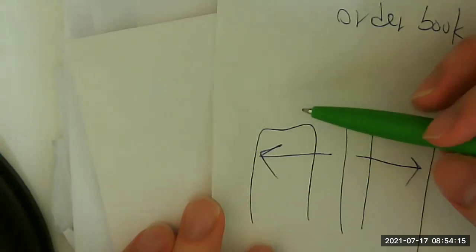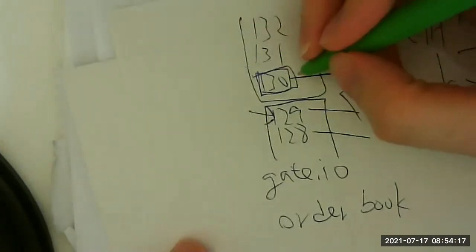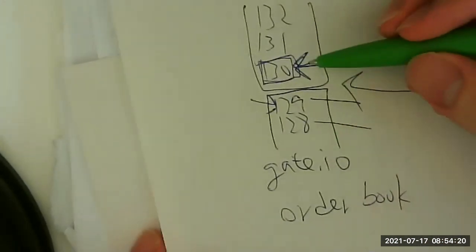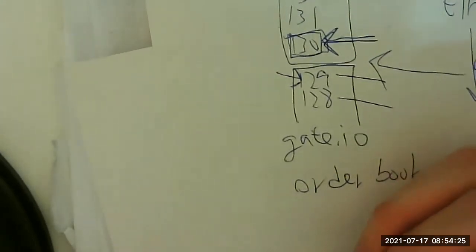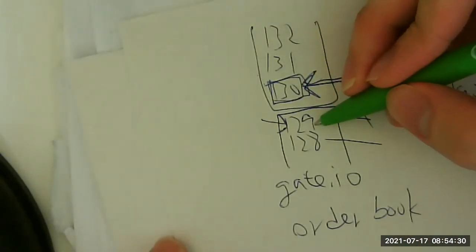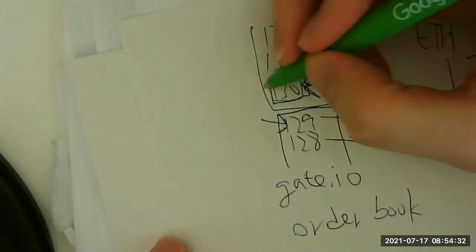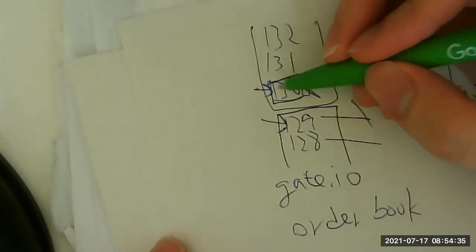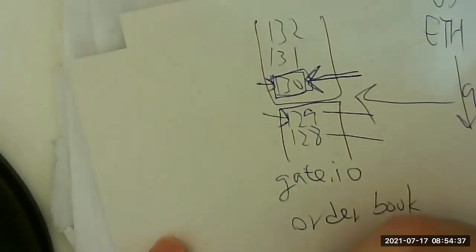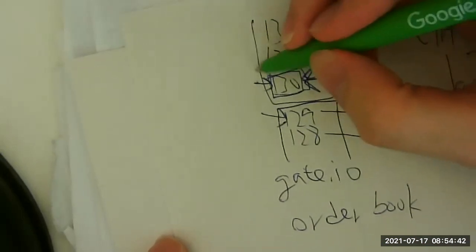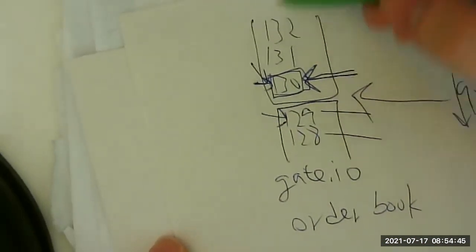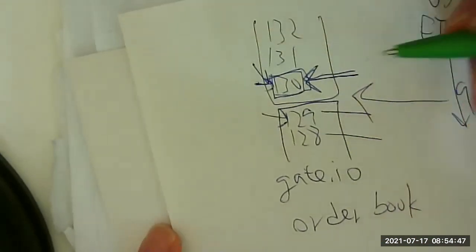Of course, they are actually similar, because if you have a huge buy order here, then it's basically acting as a huge wall in front. And if you have a huge sell order in front, then that's like a huge wall in front of the current price. Because every time people buy, they'll be buying at this price instead of the price afterwards, right?